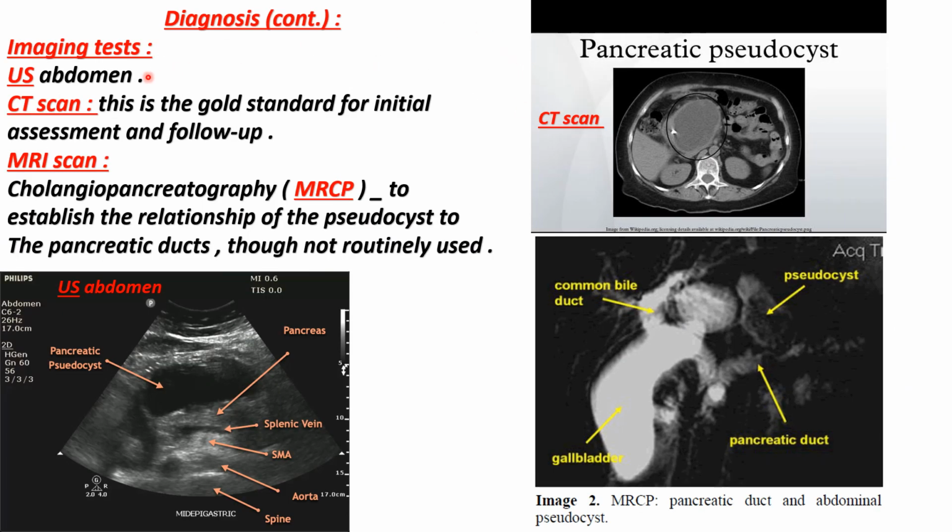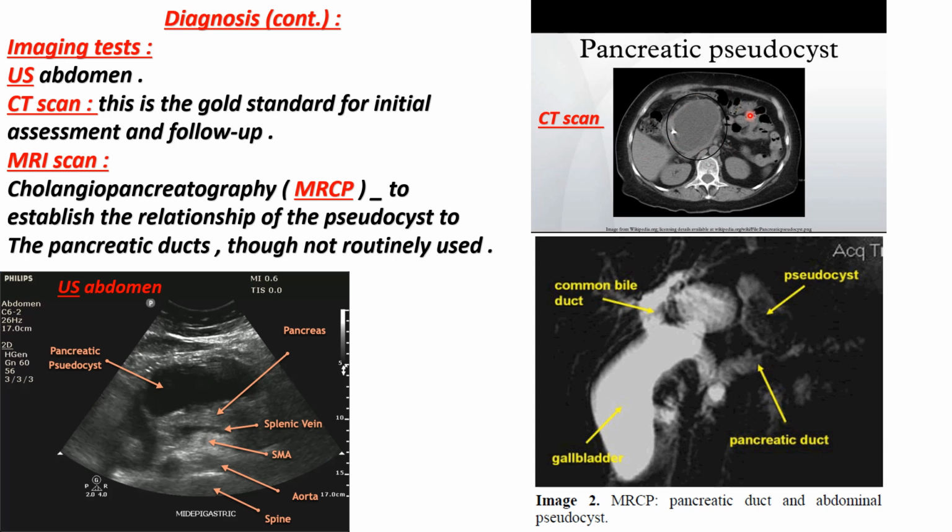Imaging tests for diagnosis of pancreatic pseudocysts: ultrasound of the abdomen. We are seeing here an ultrasound of the abdomen, the pseudocyst, and this is the pancreas. CT scan of the abdomen. This is the gold standard for initial assessment and follow-up.